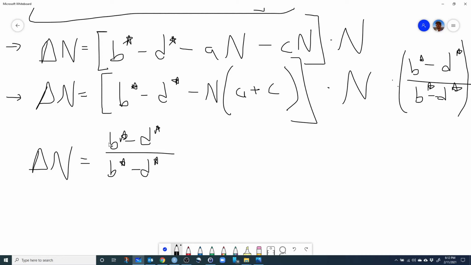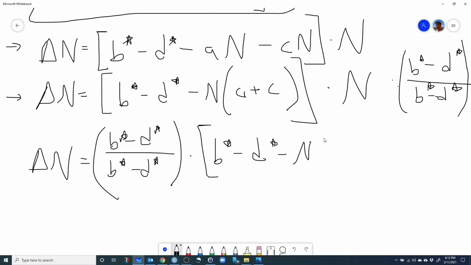That's taken from here. This is just equal to 1, right? Times this whole thing here, this equation, b star minus d star minus n times a plus c times n.